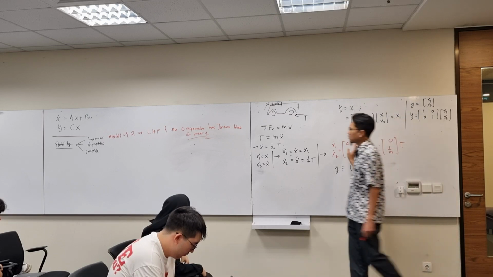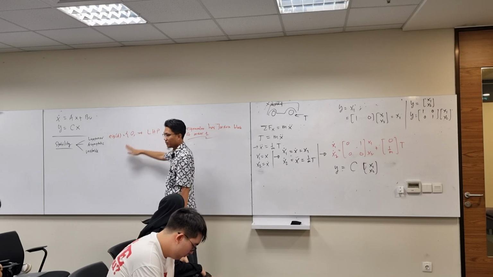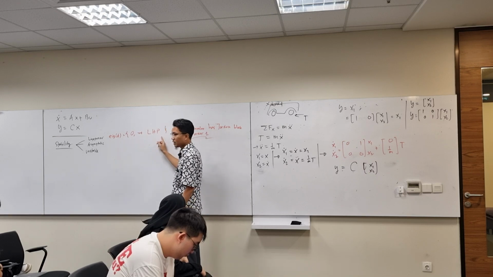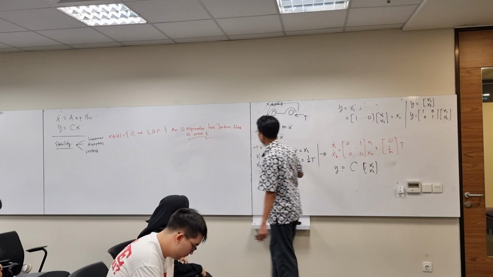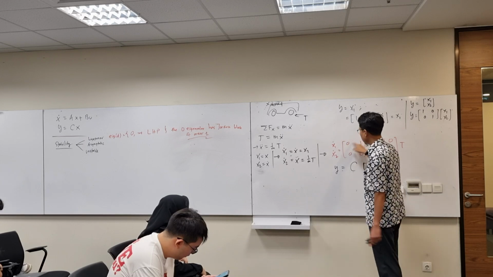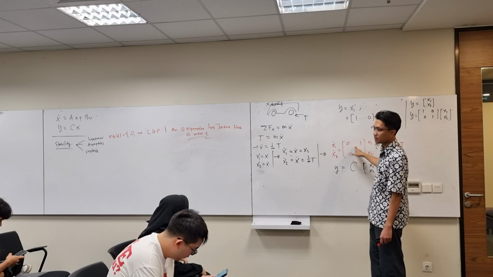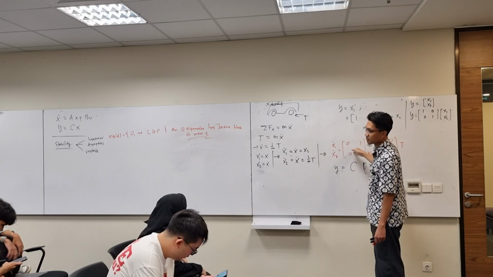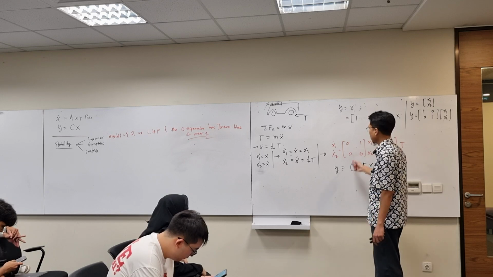So the eigenvalues are located on the left half plane, not open, so 0 is also included. However, it has a Jordan block of order 2. This is the Jordan block. So this is not Lyapunov stable. This is unstable.